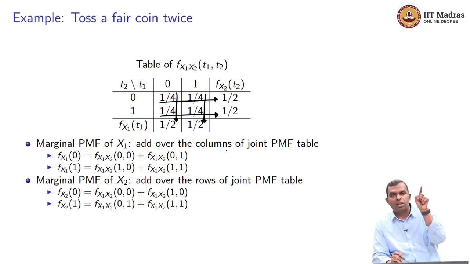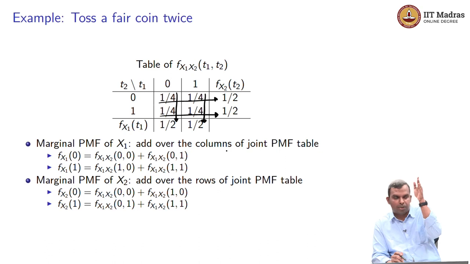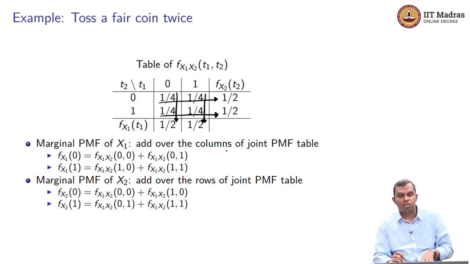The values that vary as you go over the rows are basically t1, isn't it? t1 comes from x1, so you will get the marginal PMF of x2 as you add up everything in the row. If you add up everything in the column, you will get the marginal PMF of x1. Whatever remains the same, you get the marginal PMF of that.